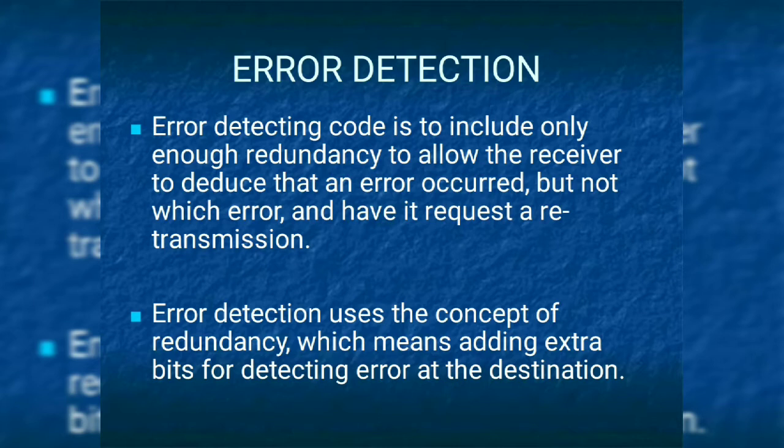So if an error is found at the receiver side, it can be detected with the help of the redundant bits, instead of retransmitting the message or the data bits once again. So it uses the concept of redundancy. Redundancy means adding extra bits to the data unit.